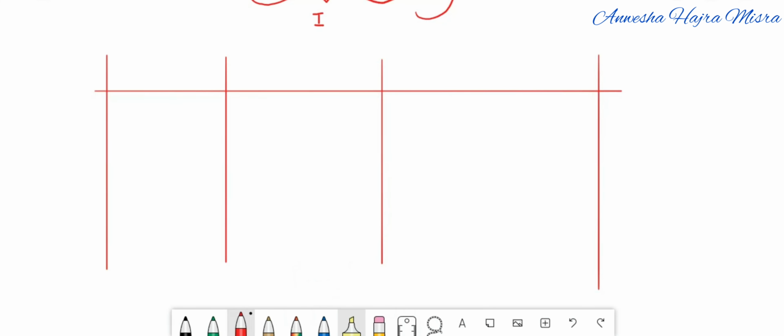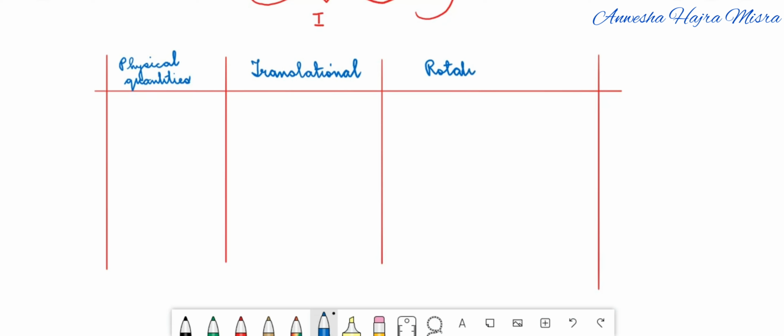Here I'll be discussing the translational which we know from before, and by analogy what we are going to analyze, rotational.